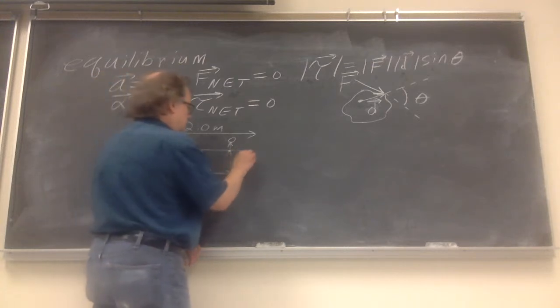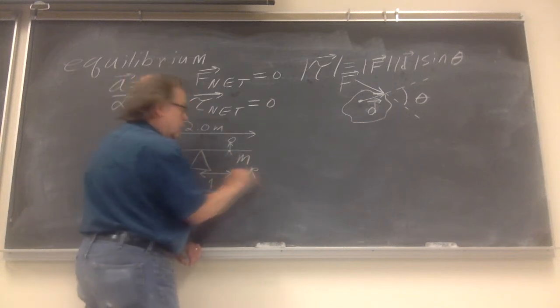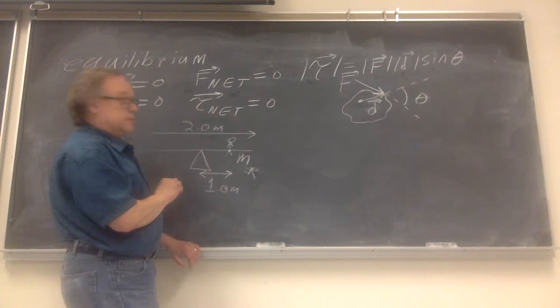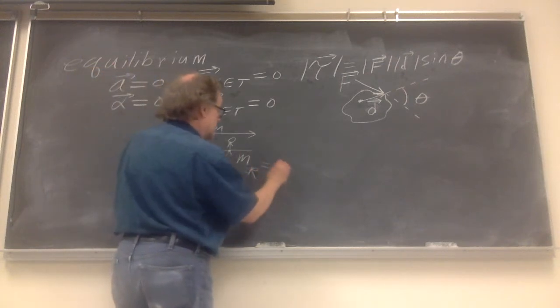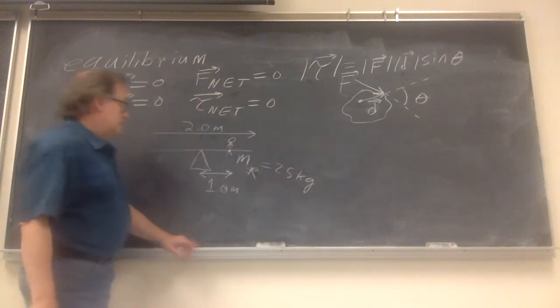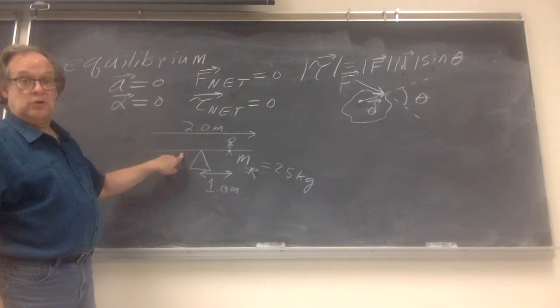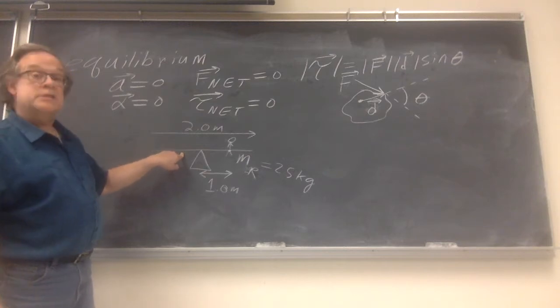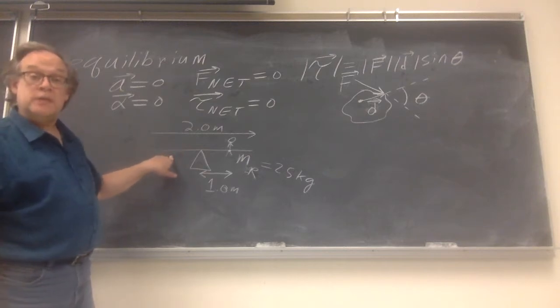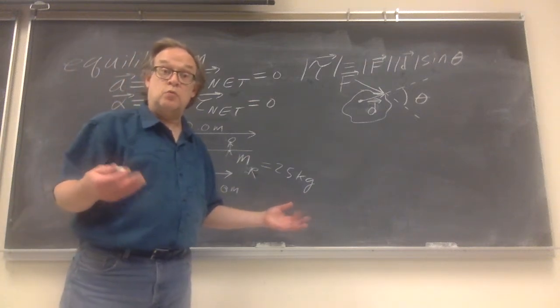We'll say that the mass of this kid on the right-hand side is 25 kilograms. And there's another kid here, a smaller, younger little kid, somewhere on the left. We don't know exactly where, but equilibrium thinking will allow us to figure out where.